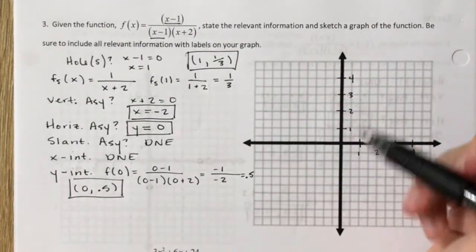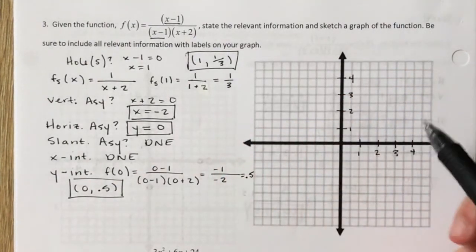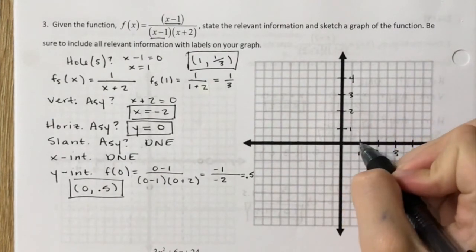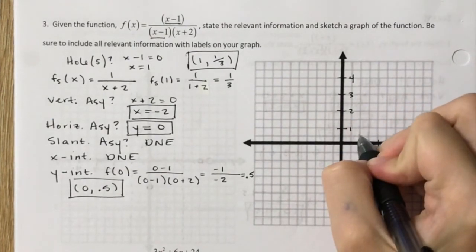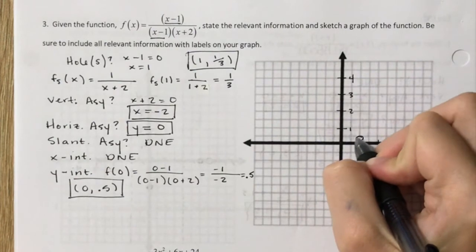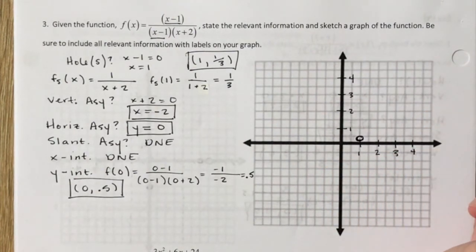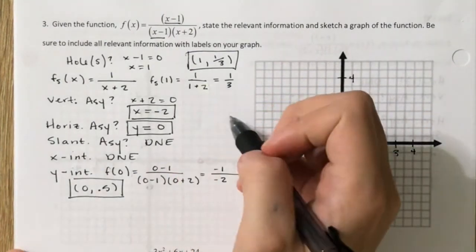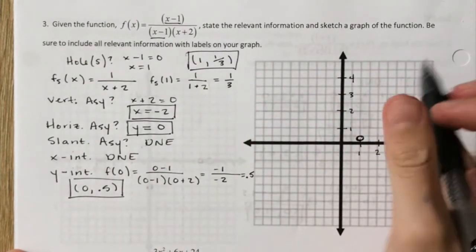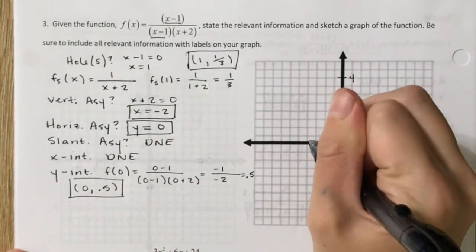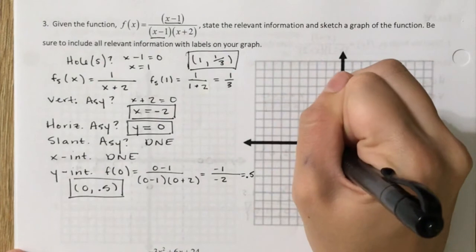Okay, let's start graphing stuff. So we have the hole at 1 and 1/3. So 1 and 1/3 from here would look like this probably. We have the open point. Next we have x equals -2, the vertical asymptote. So -2 would be right here.